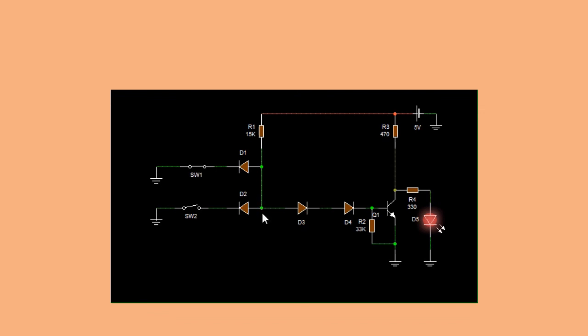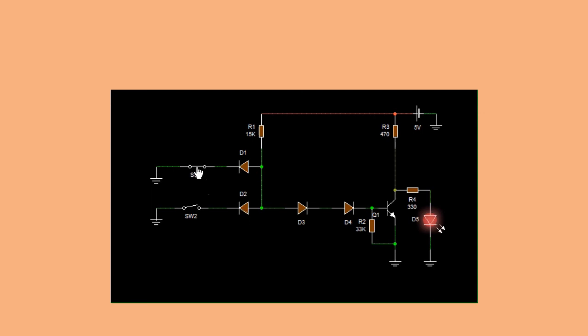Since a voltage of 2 into 0.6, that means 1.2 volt, is required for D3 and D4 to be conducting, these diodes are in cutoff condition. In addition, it requires approximately 0.7 volt to make the transistor in on condition. So the transistor Q is off and the output is high, that means the LED will be glowing.